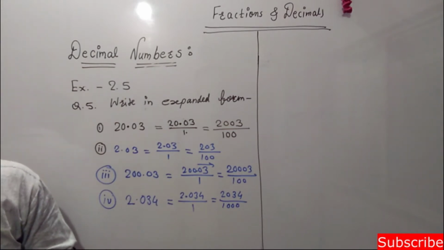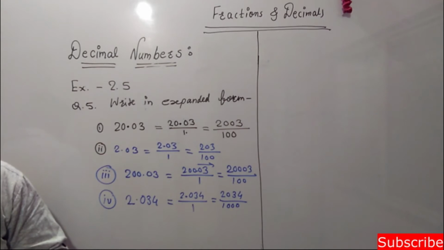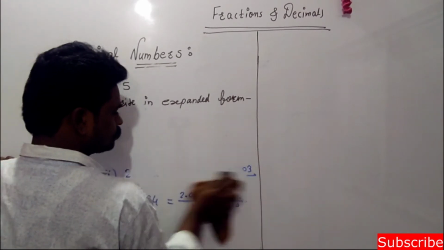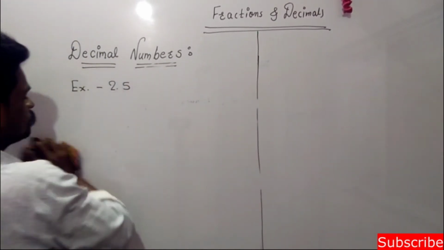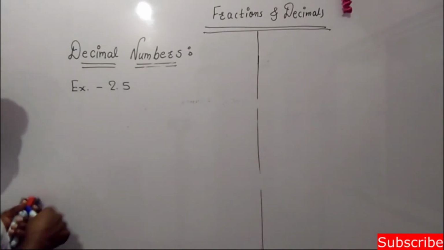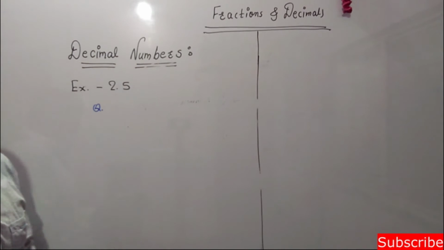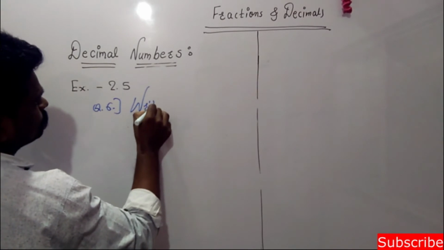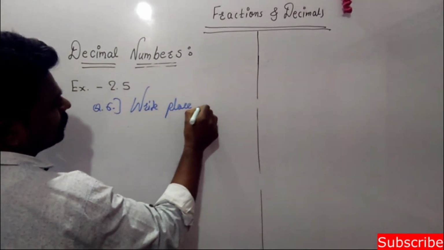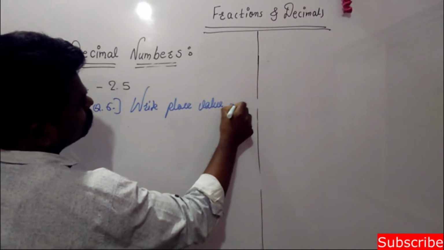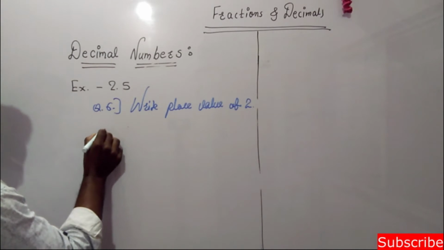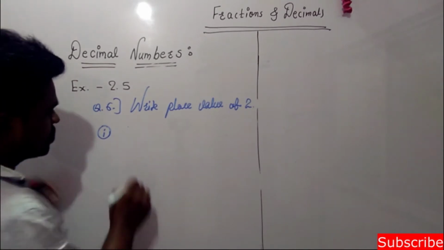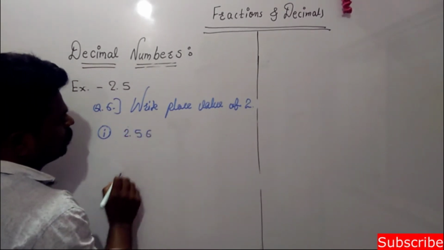Write the place value of 2 in the following decimal numbers. The first question is like this: 2.56.